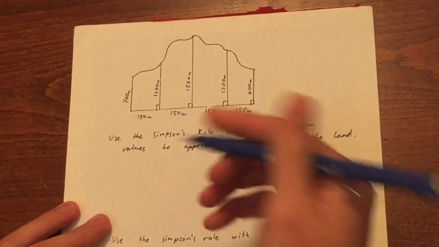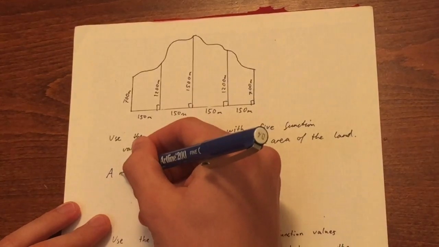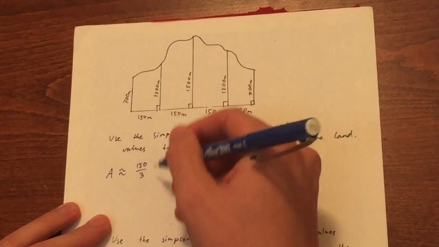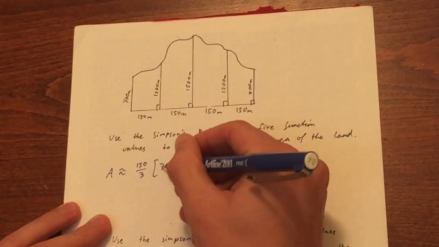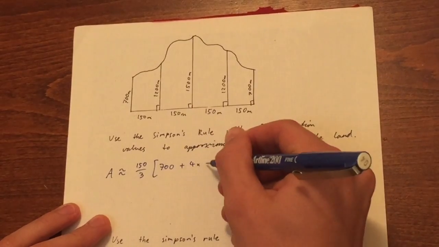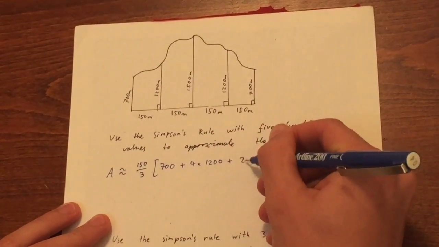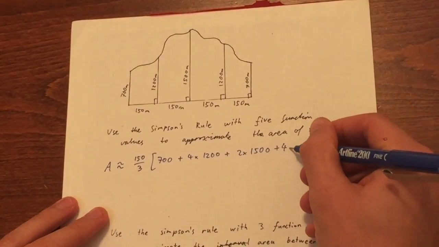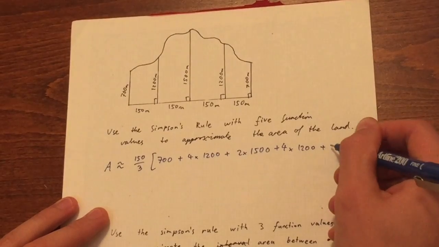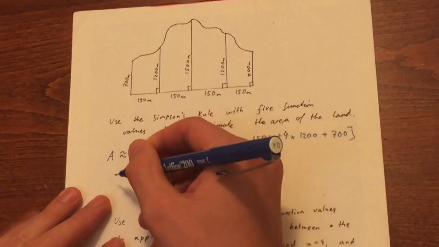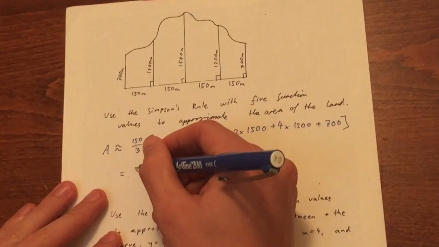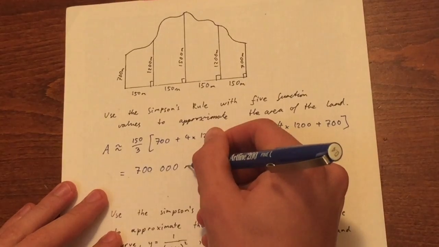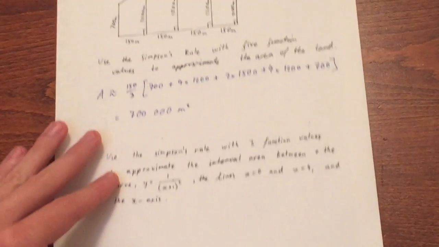So the area is going to be approximately 150 on 3 times (700 plus 4 times 1200 plus 2 times 1500 plus 4 times 1200 plus 700), and that's going to end up being 700,000 meters squared. And that's the first example done.